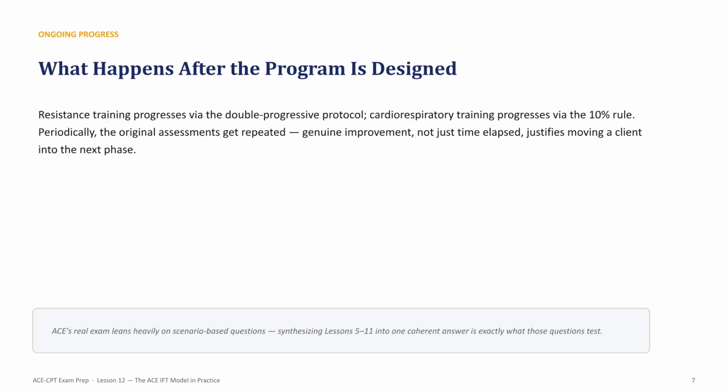That's a key detail. Genuine, measurable improvement is what justifies moving a client into the next phase, not just the fact that time has passed. Here's why this matters for the exam. ACE's real test leans heavily on scenario-based questions, and synthesizing everything from lessons 5 through 11 into one coherent answer is exactly what those questions are designed to measure.